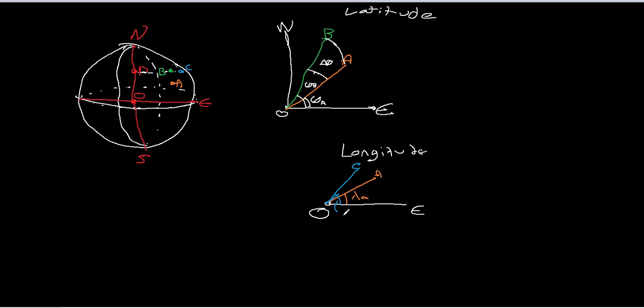We're going to call that lambda C. And again, just like before, the difference between A and C, we're going to call this delta lambda.